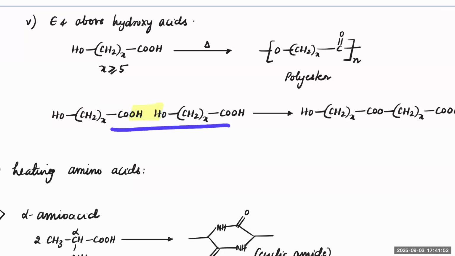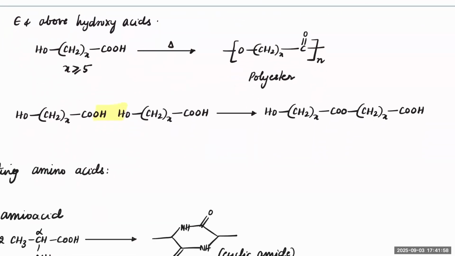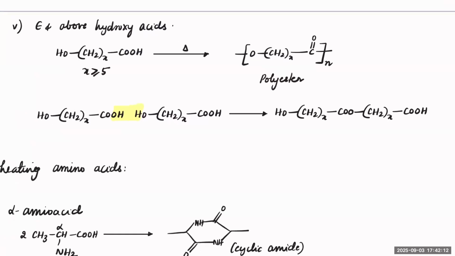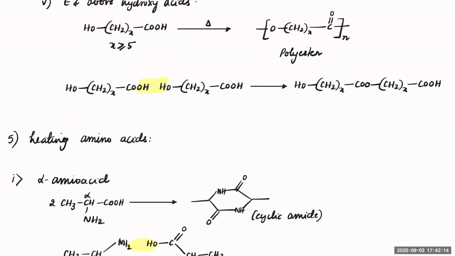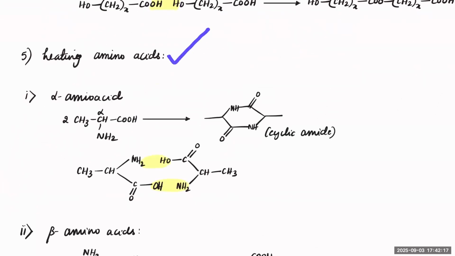If you keep on doing it multiple times, as you keep stretching, you'll get an ester linkage here like this. And this ester linkage, as you polymerize, you call it polyester. You know that polyester clothes, right? They all have polyester bonds. Understood? Right.